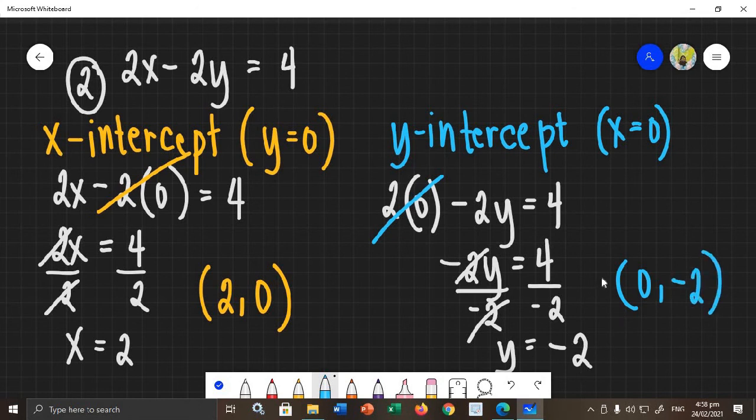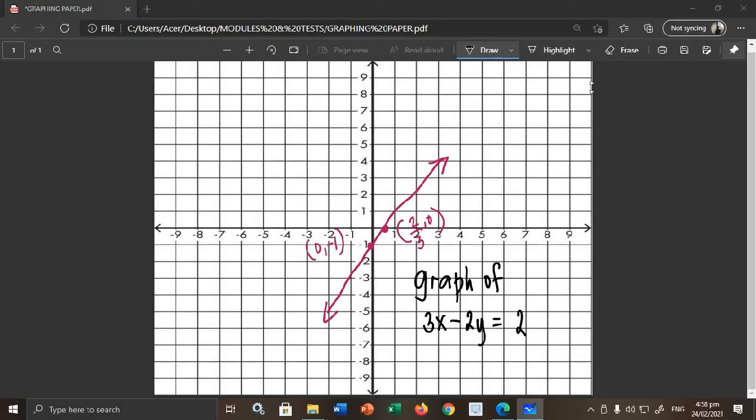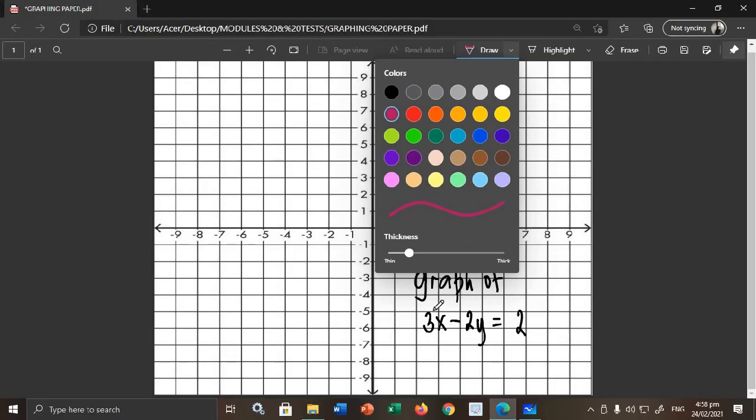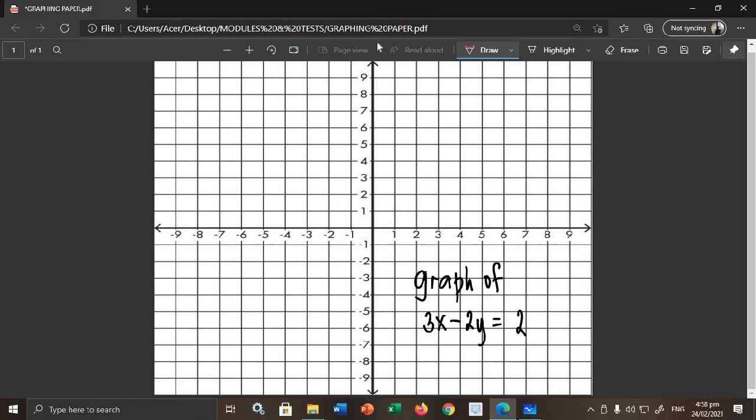So, right after natin ma-solve si x-intercept and si y-intercept, we can now graph our ordered pair here in our Cartesian plane. So, the first is the x-intercept, which is 2, 0. X-intercept along the x-axis. 2, 0 is here.